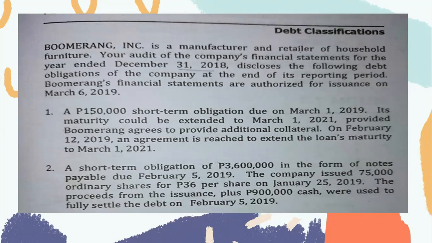Kahit 2019, nag-agree na siya tapos March 1 itong obligation mag-mature. Tapos nag-agree na siya itong February pa lang, ate. Sige, ano February?